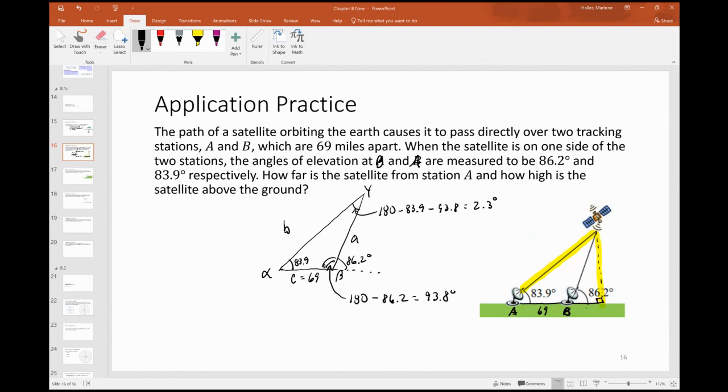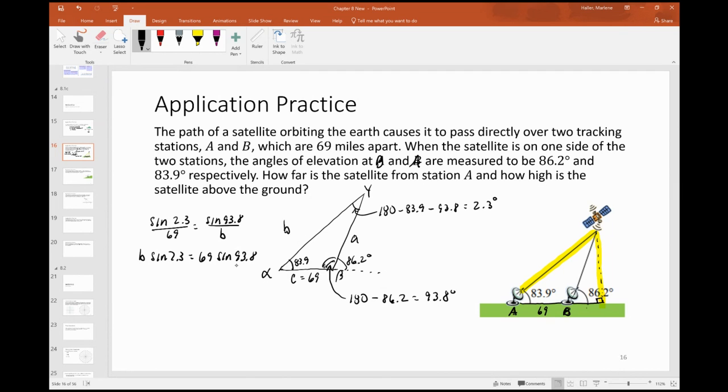Let's go for B first. I think we'll use the law of sines here because we have a side and its opposing angle. So we can say that the sine of 2.3 degrees over 69 is equal to the sine of 93.8 over B. If we do cross products, B times the sine of 2.3 is equal to 69 times the sine of 93.8.